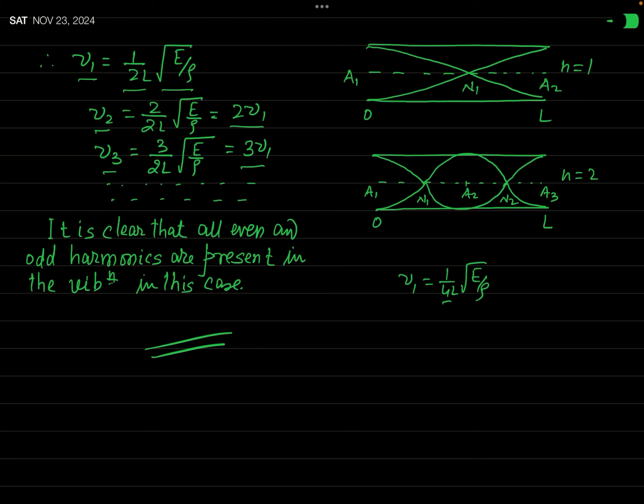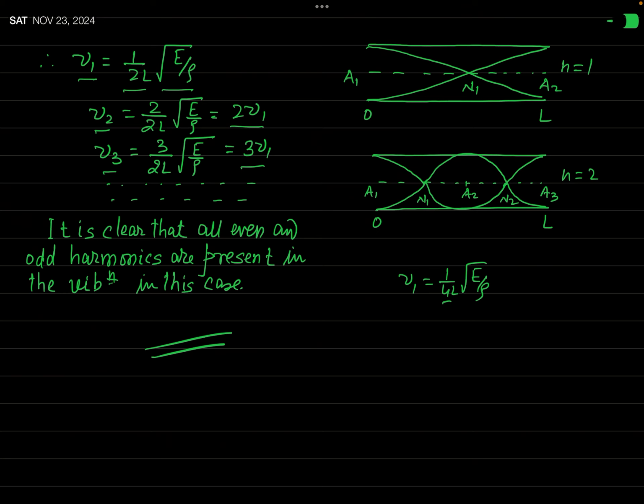So you can notice that all even and odd harmonics are present here. And as I have told you earlier, the positions where the particle displacement is maximum are called antinodes, and the positions where the particles are permanently at rest are called nodes.